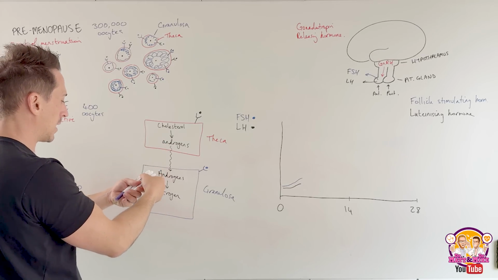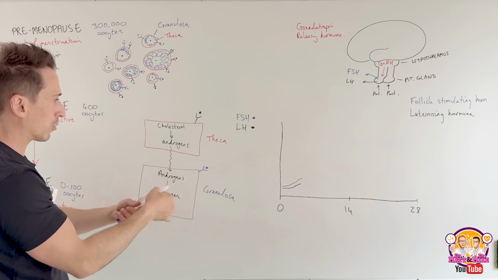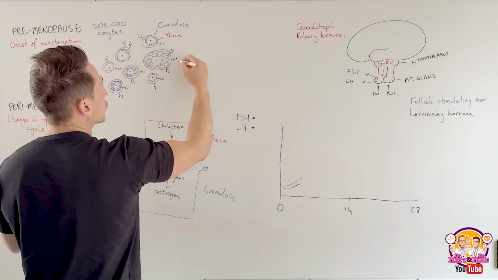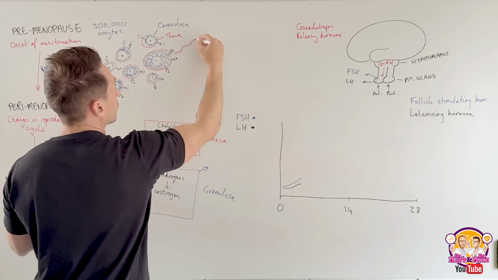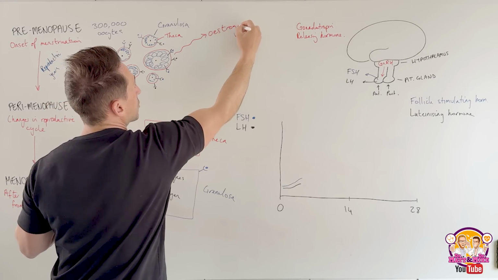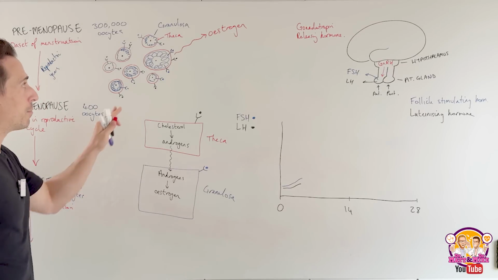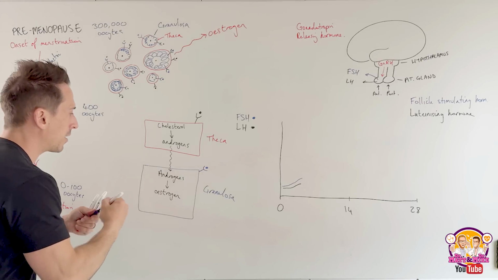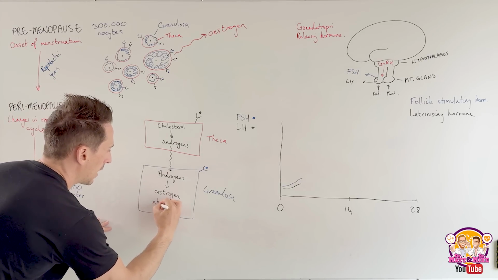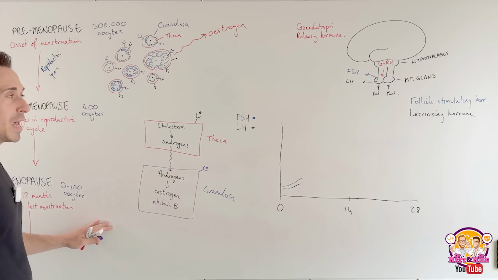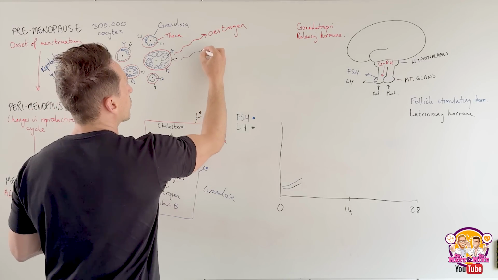So let's think about this. Let's make estrogen red in color. So they're producing a whole bunch of estrogen. Now, it's not the only thing that's being produced by these cells. Not only is estrogen being produced, but another hormone called inhibin B is also being produced.